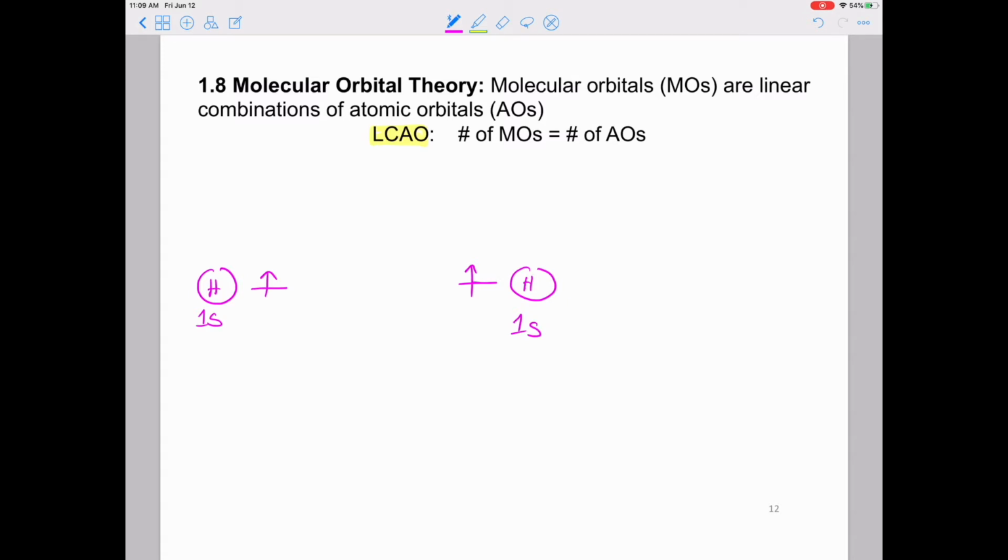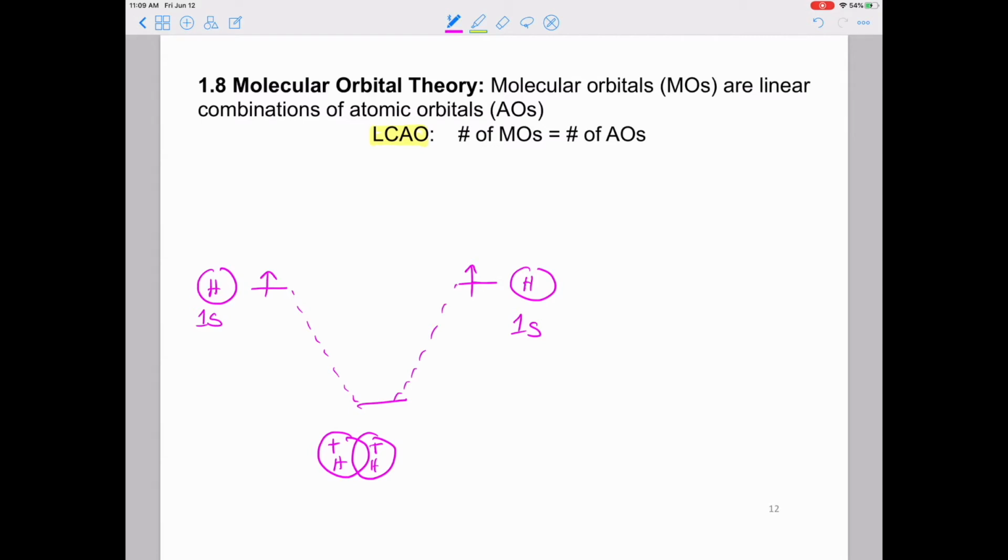And so when we bring these orbitals together to form the H2 molecule and the molecular orbital, we must consider both phases. Okay, so one way that we can bring the orbitals together is in phase. Okay, so this is the plus phase for both orbitals now can overlap to form a molecular orbital.